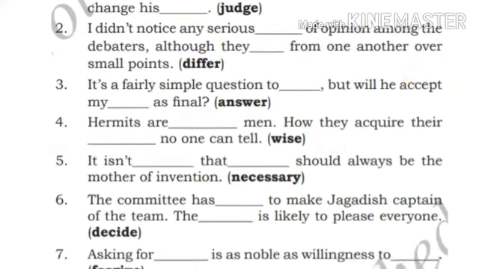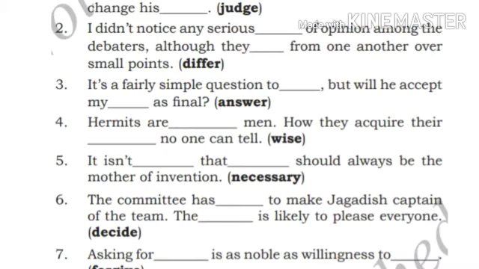Then the third one: it is a fairly simple question to answer. Here answer is used as a verb. But he will accept my answer as final. In the second one, answer is used as a noun. The same word is used as both verb and noun.